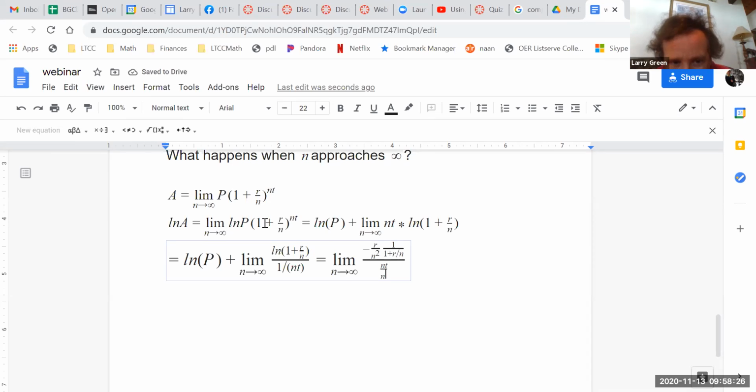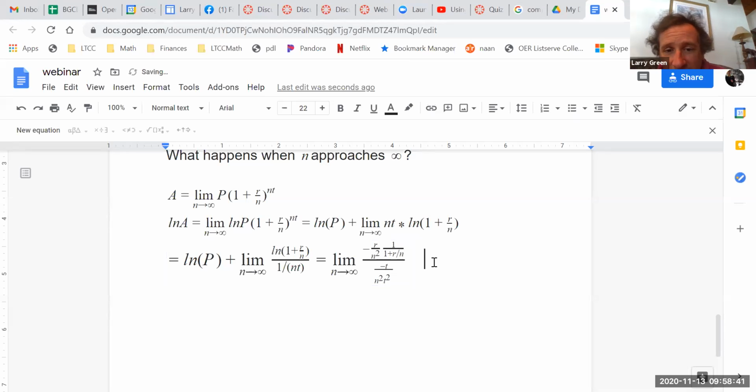Sorry, it's going to be n, not nt. It's going to be t over n squared t squared, and there'll be a negative. Any questions on the calculus?